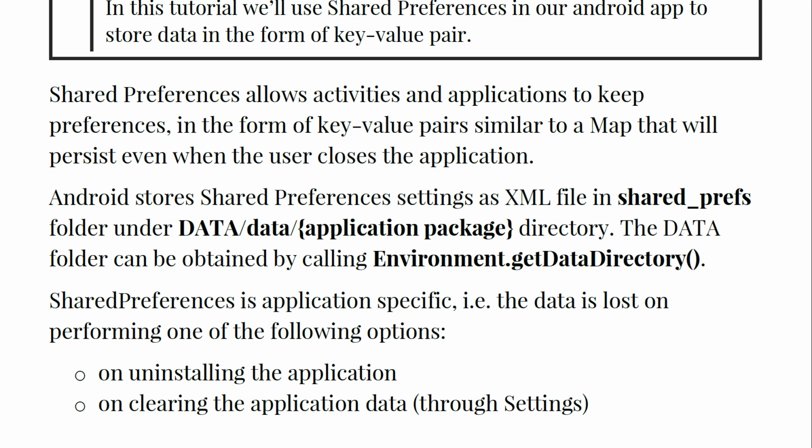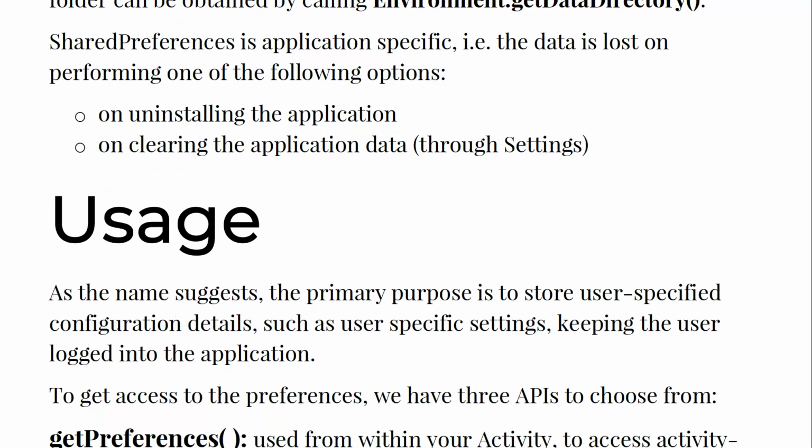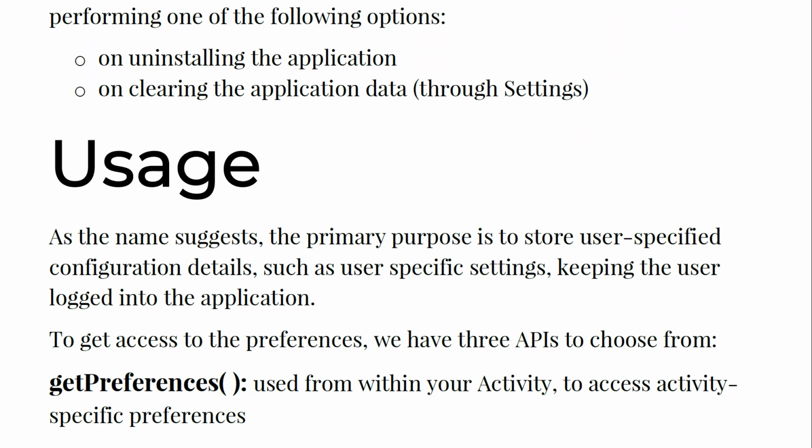So, for example, the data is lost on performing one of the following actions: uninstalling the application, or clearing the application data through settings. In this way, we lose the data in shared preferences.